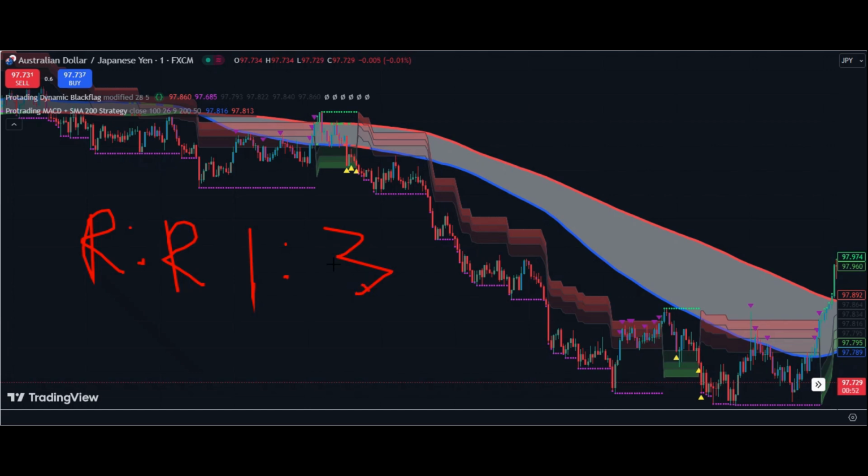Okay, so here is the point when we get the signal, and here is our first stop loss. So what do we do? We measure the market to get the accurate point where we are going to place our stop.